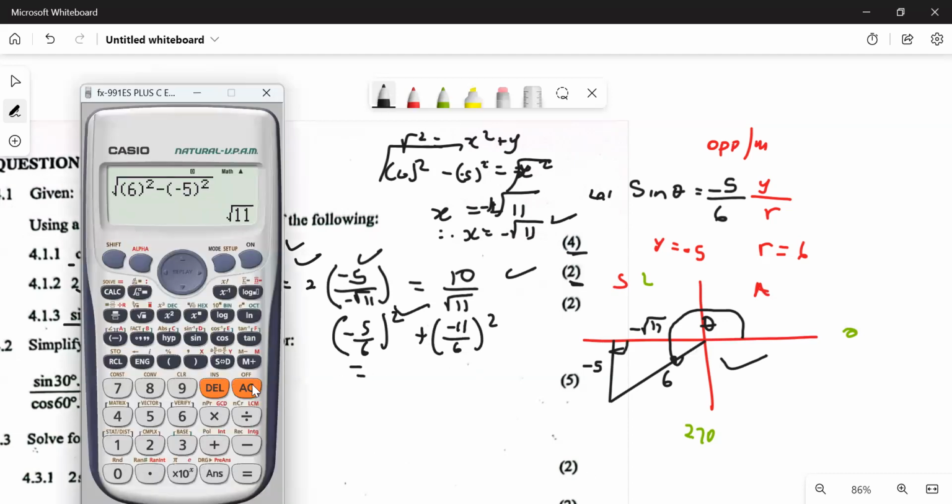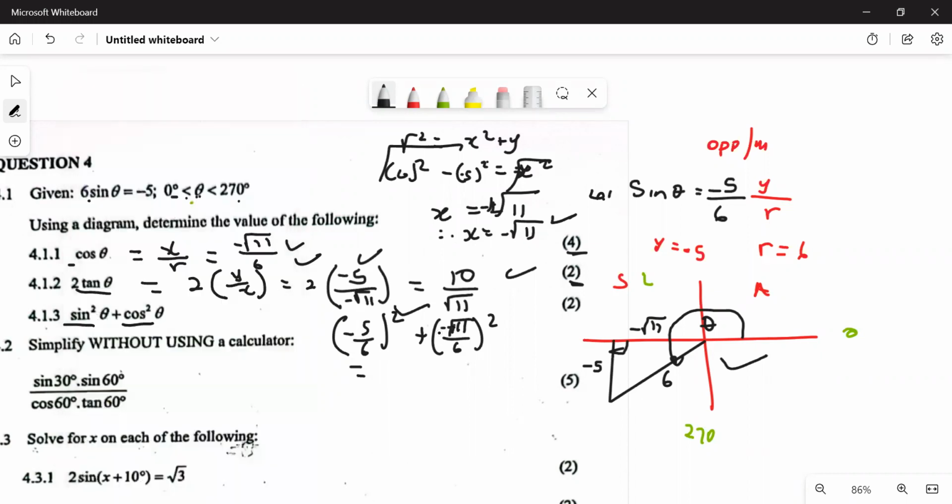If you type this in your calculator, you're going to have open bracket again. You have minus 5 all over 6 close bracket all squared plus minus 11 all over 6 close bracket squared. Is it root? It's not root here. Is it root? Minus root. Yeah, sorry for that.